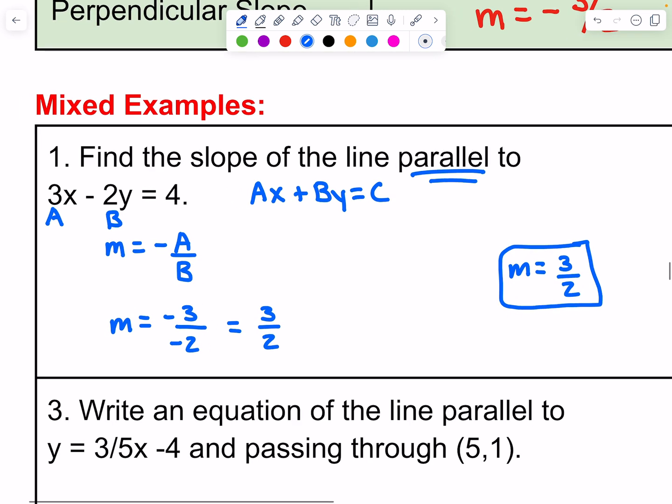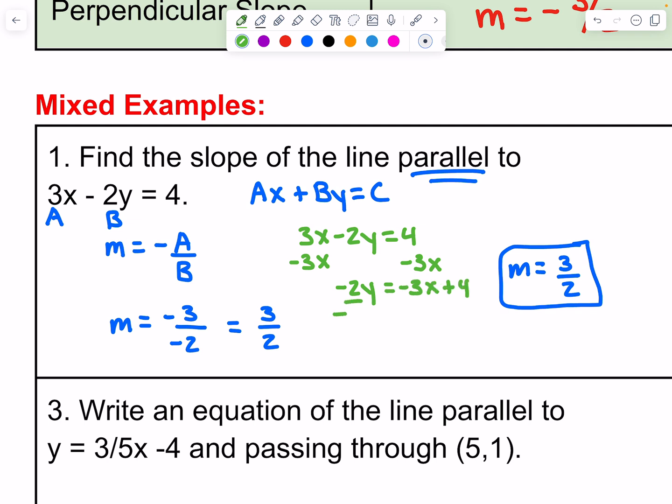All right. The other way you could solve this is you could solve for y. So let's look at this another way. If we have 3x minus 2y equals 4, and we want to solve it for y to put it in slope-intercept form, we can move the term that has x. So let's subtract 3x from both sides, and we bring down -2y equals -3x plus 4.